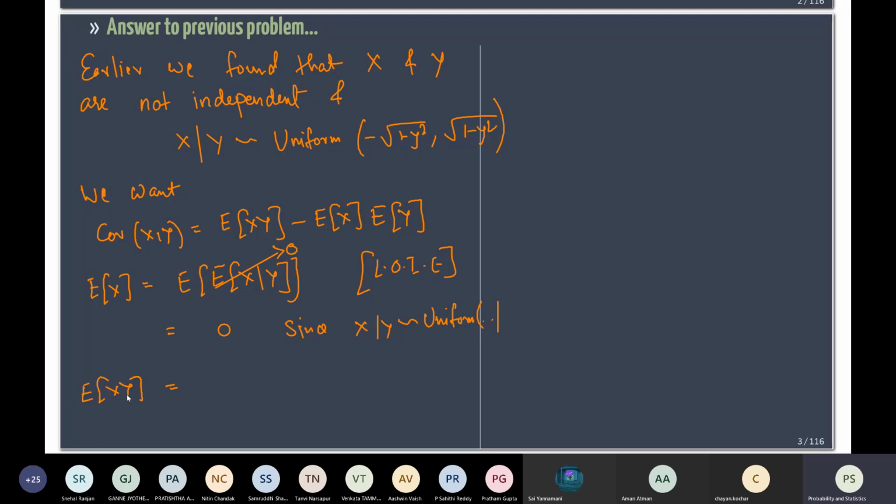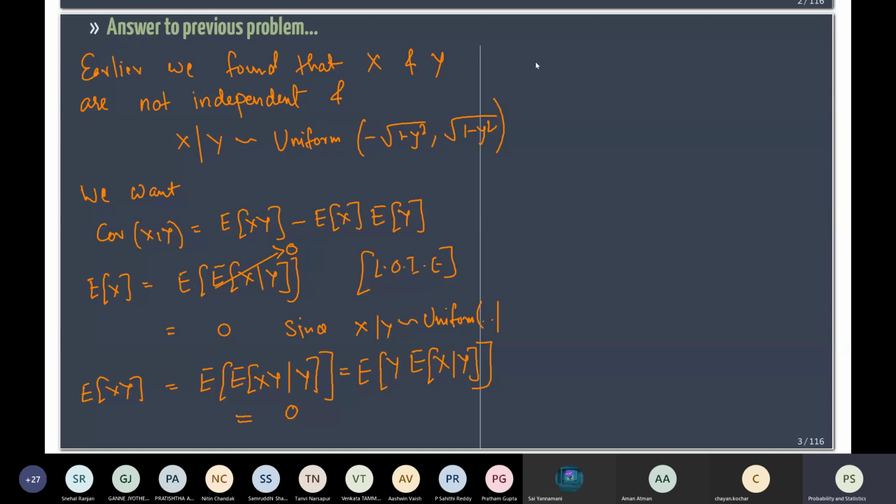In this case y is given, so y can be treated as a constant and it will come out of the expectation. So y times the expectation of x given y, which is again going to be 0, and then the whole thing will be 0 again.